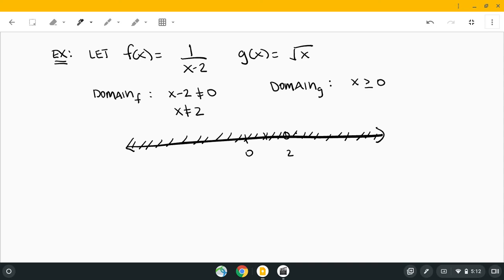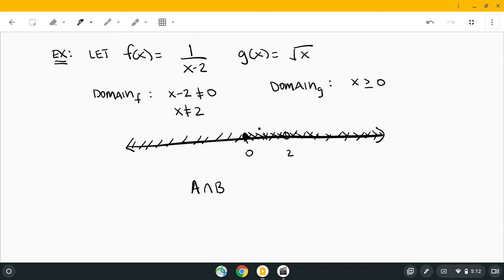So when I graph this, here is 0, starting from there and everything this way. We see here the intersection of A and B is this part right over here, all of this except 2.